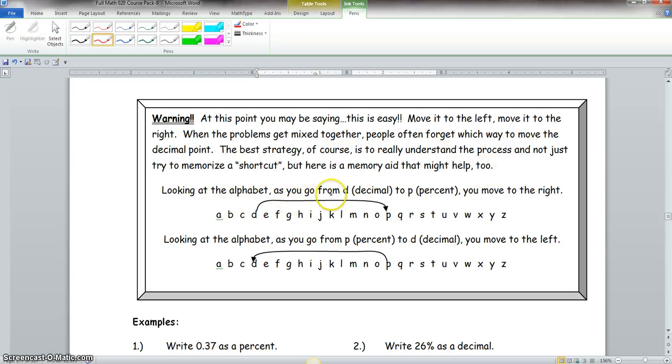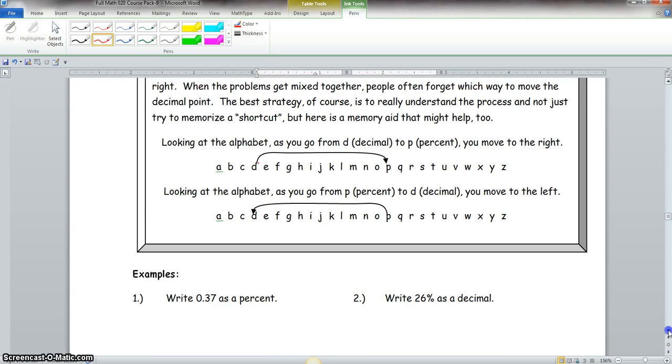Looking at the alphabet, as you go from D to P, you move to the right. From decimal to percent, or D to P, you'll move to the right. Looking at the alphabet as you go from P to D, or percent to decimal, you move to the left. Percent to decimal, you move to the left. Decimal to percent, you move to the right.